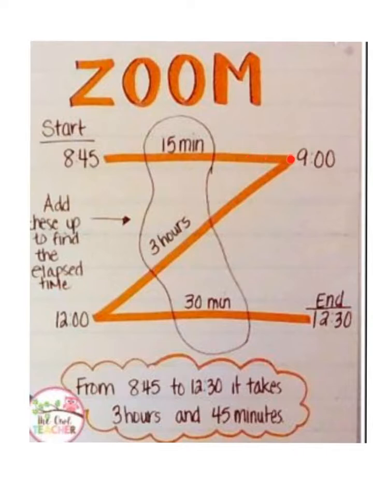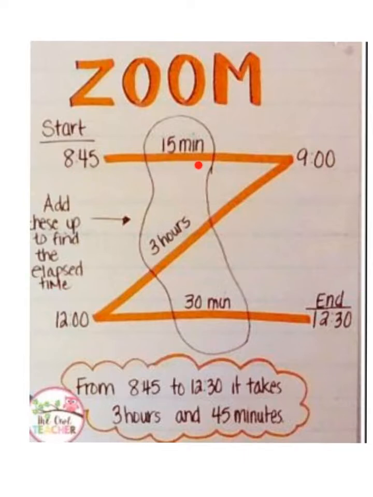Then they figure out how many hours it takes to get to the hour of the end time and write that on the slant. Then you'll determine how many minutes it takes to get from the end hour to the end time. And you'll write your end time here. So for example, I started with 8:45.